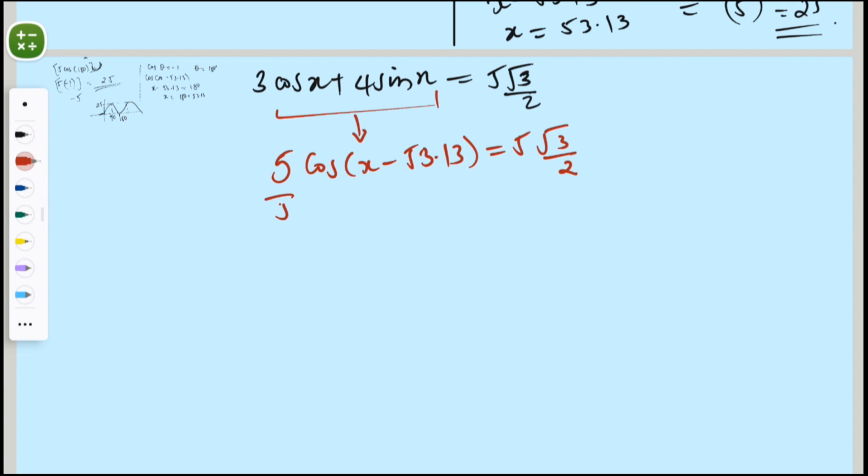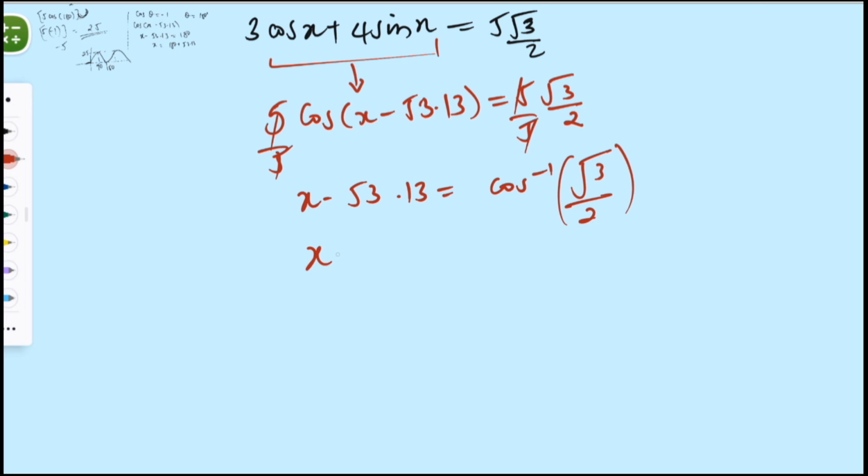Well, divide both sides by 5 to first of all eliminate it. Okay, and then we are now going to take the cos inverse. So x minus 53.13 equal to the cos inverse of √3/2.